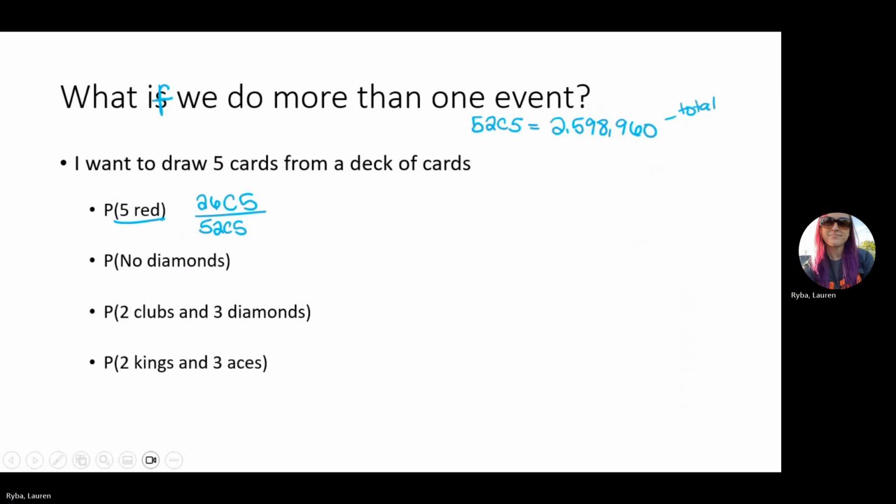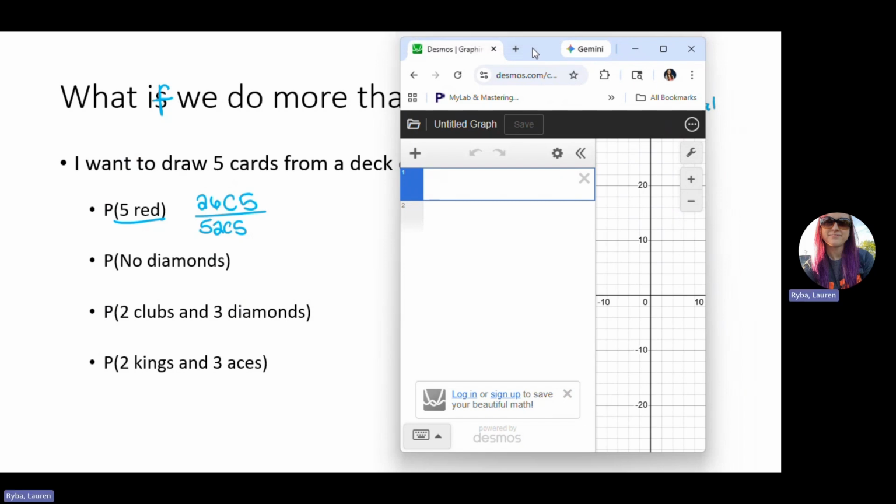So these are ones I definitely use a calculator for. I do not attempt to do these by hand. And these ones most likely will end up in decimals just because you are using technology here. So nCr got me my function, 26, 5. And I'm going to divide that by nCr 52, 5.